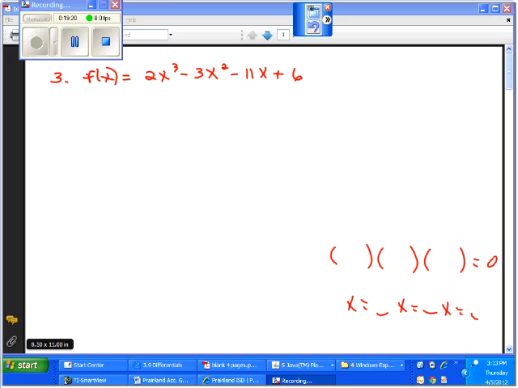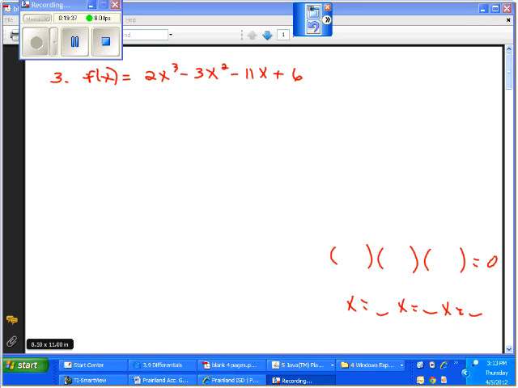Now, we know there's 3 factors and 3 zeros. And what we're going to do is take it from a 3rd power down to a 2nd power. And when we get it down to a 2nd power, we'll use quadratic rules to go from there.